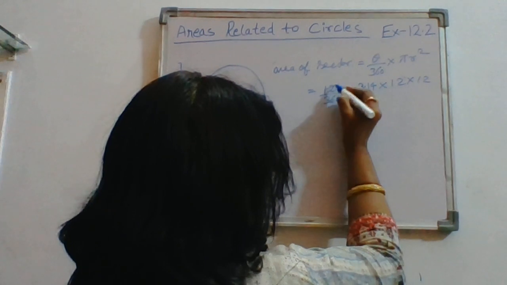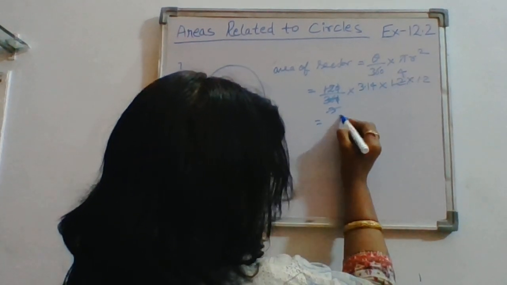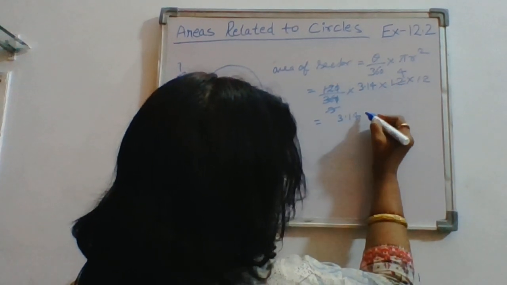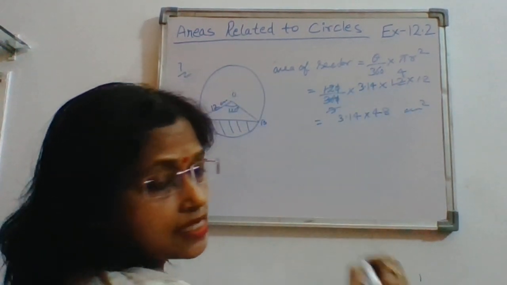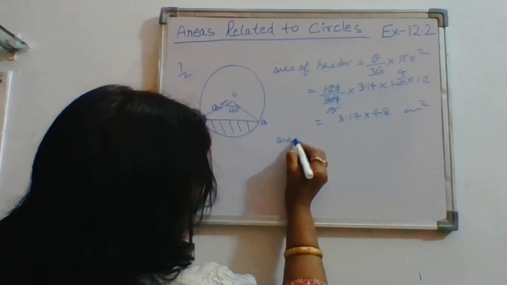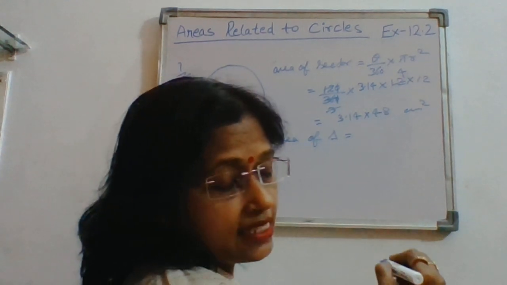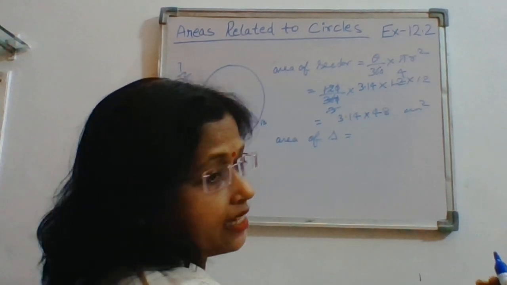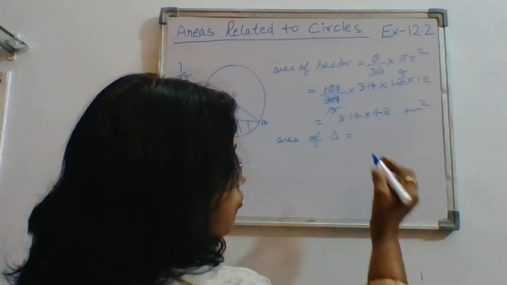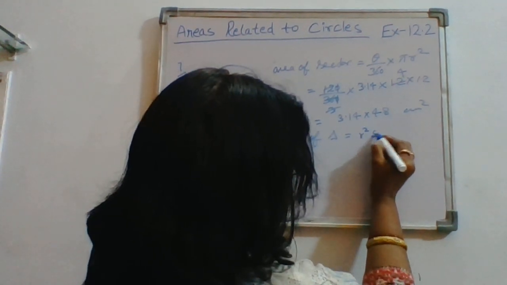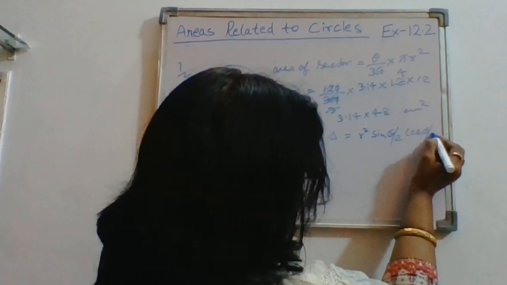Right? So you can calculate easily here. Multiply this, you will get the area of the sector. And area of triangle. In the previous class, I have told you, when the central angle is greater than 90 degree, you can use the formula r square sin theta by 2 cos theta by 2.